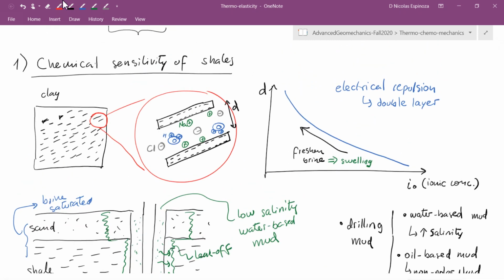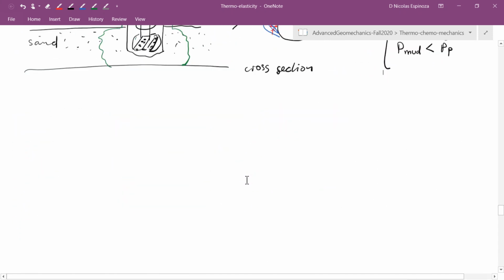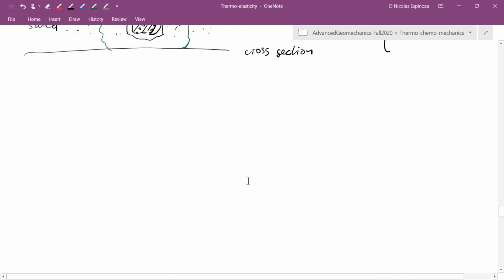Let's see now another example of chemo-elasticity. And this example number 2 is an example which is called adsorption-induced deformation.